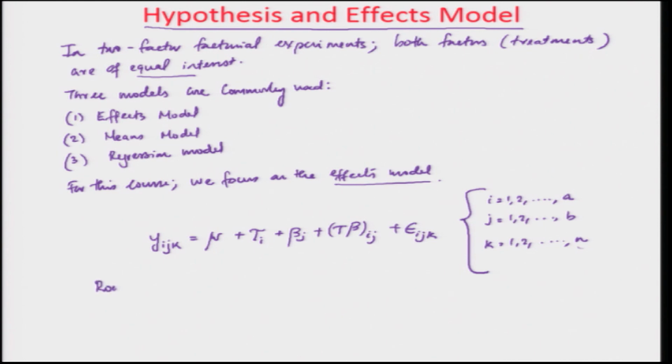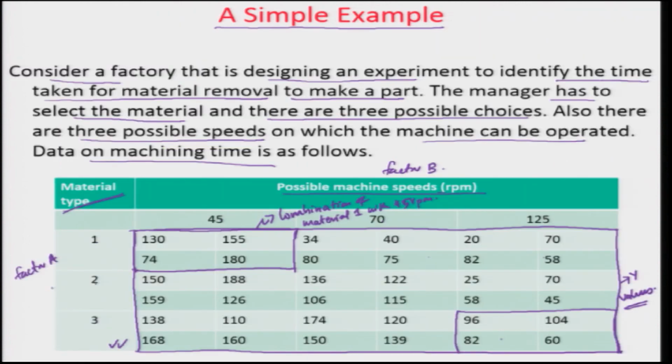So, rows are indexed by i, columns are indexed by j. Okay. So, if we go back to the previous example, these are your i, here is your j, and these ones, okay, each individual observation, here is your n, little n.